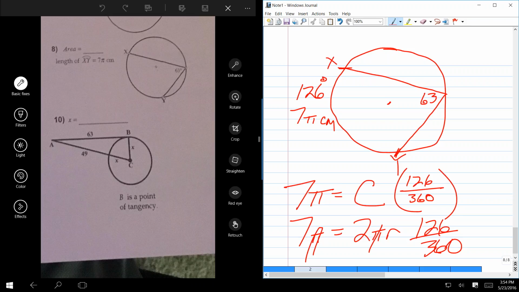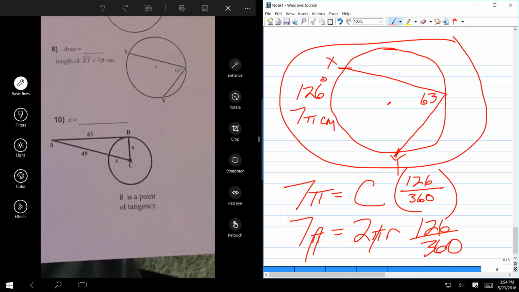So it's all about being able to solve for a certain variable. And notice this was a four-step problem. The first step was to determine the measurement of the arc. That's one. Second step was to set up that equation, knowing the arc length is equal to the circumference times the measurement of the arc divided by 360.